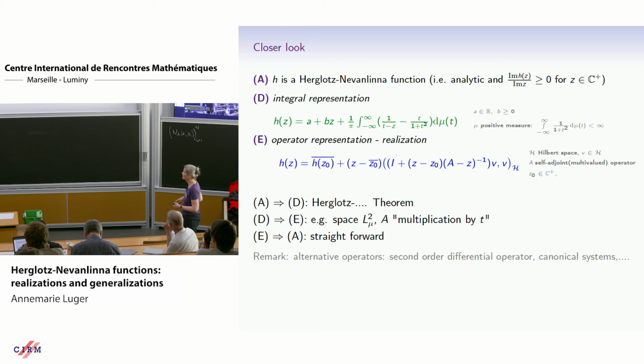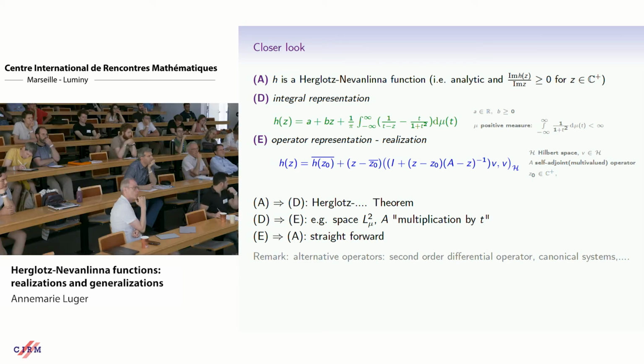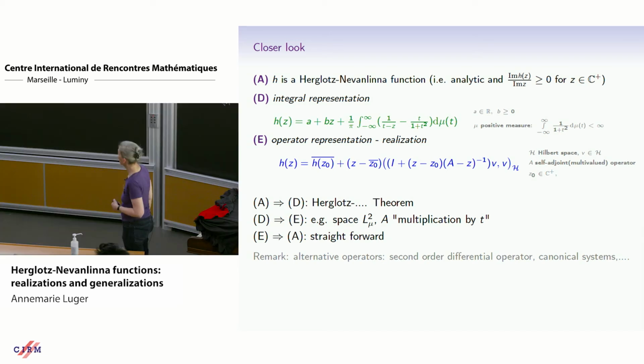So for instance, alternative operators could be second order differential operators on a half line or so. Then the corresponding function would be called a Titchmarsh-Weyl function. Or we could have canonical systems. Again, the Titchmarsh-Weyl coefficient would be a way of characterizing the functions, but I have left it out here.